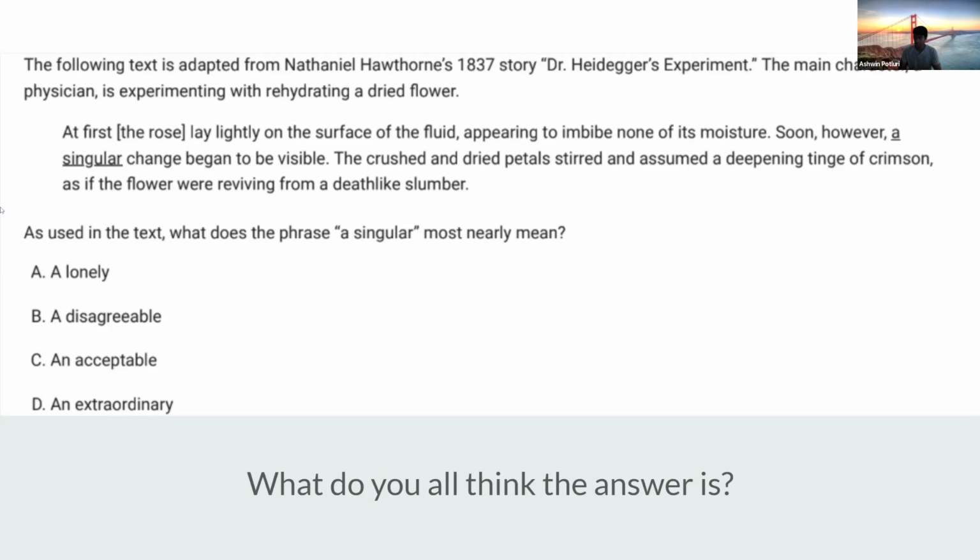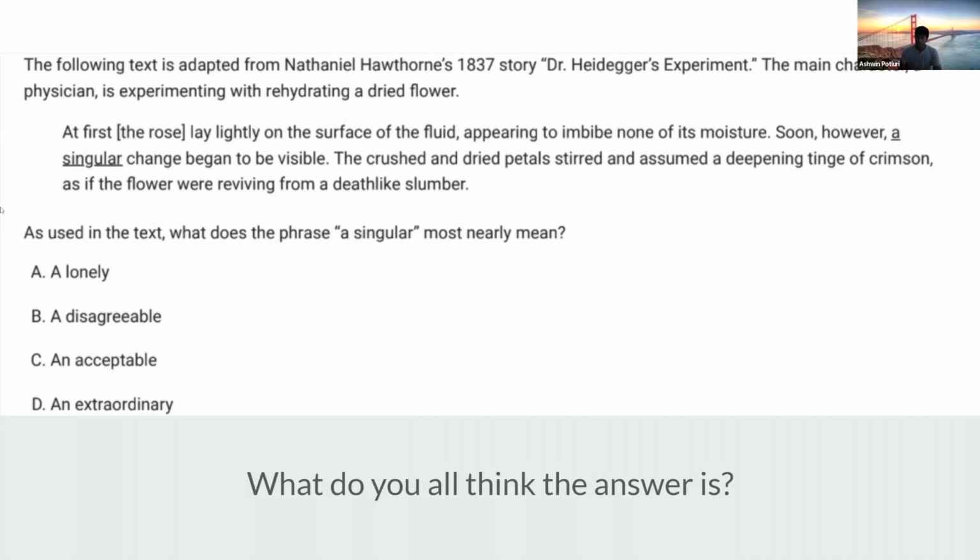So, to anyone who does not know what imbibe means, it means to absorb, essentially, to adopt, to absorb. So, essentially, what they are saying in the sentence is appearing to absorb none of the moisture of the fluid that the rose is laying on.